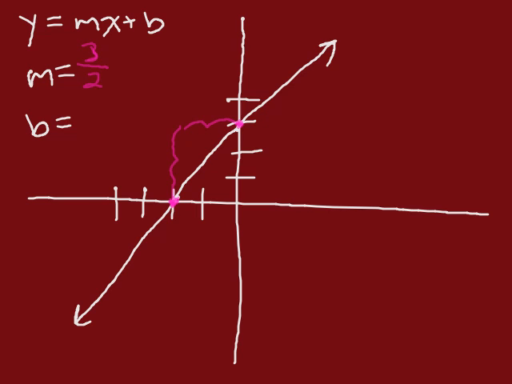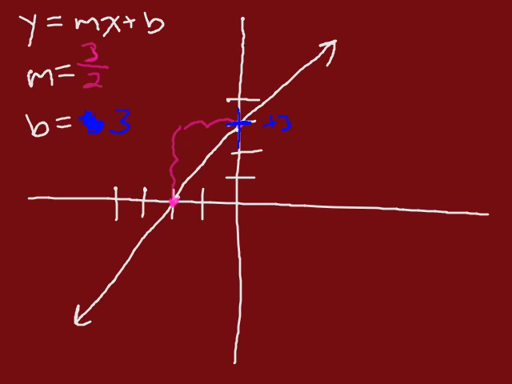So the slope of this line is 3/2, and the y-intercept, so where it crosses the y-axis, it crosses that y-axis right here at positive 3. Right? So b is 3. We could put positive there, but we're just going to put 3 because 3 is understood to be positive 3.